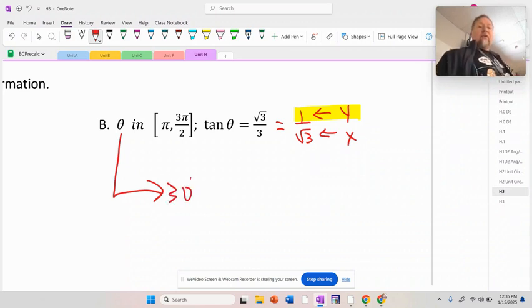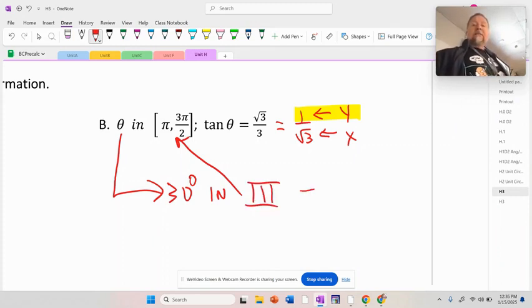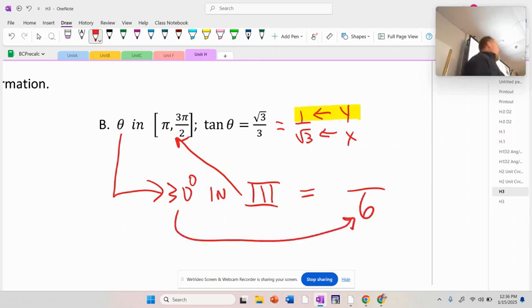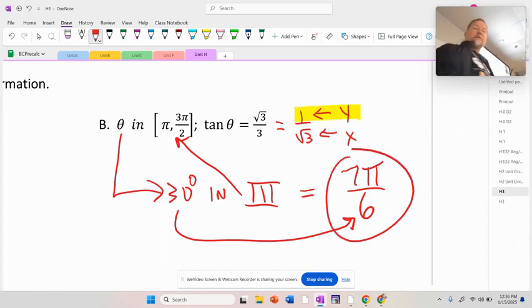So this is a 30 in, hey, what quadrant is pi to 3 pi over 2? That's the third. What is that in radians? That's an over 6. And what's the one in quadrant 3? Not 6 pi over 6. 7 pi over 6. That's how you do these.